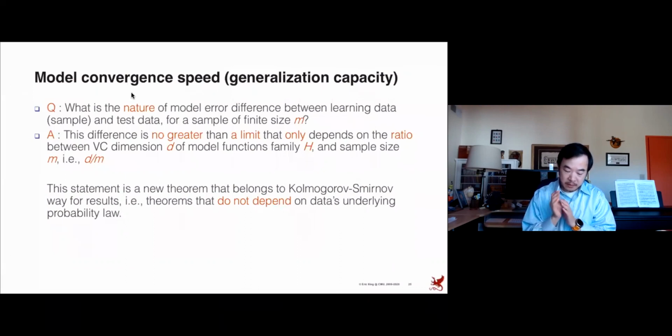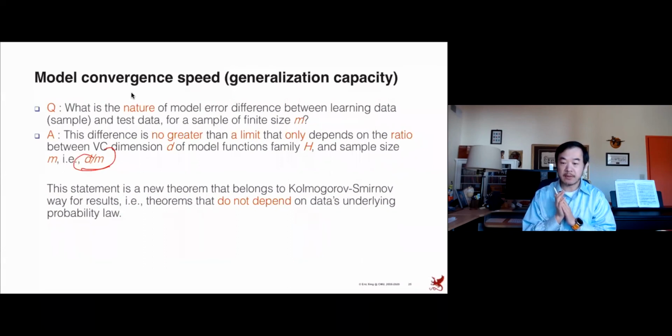Here the convergence speed can be characterized by a ratio between the VC dimension of the model and the size of the examples. Basically it says that the difference between the true error and the training error will be no greater than a limit that only depends on this ratio.